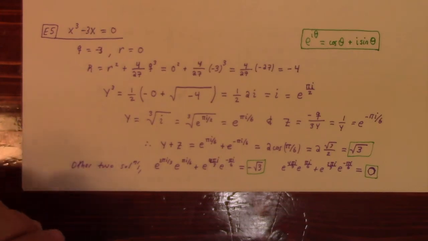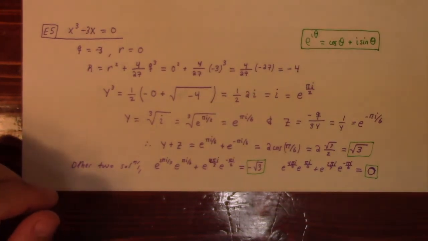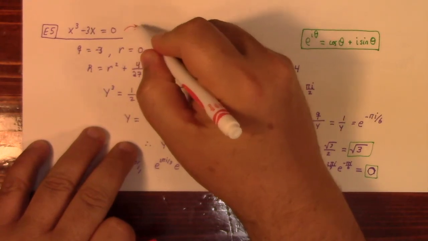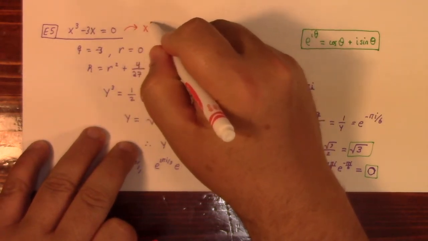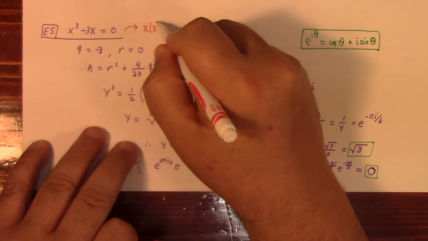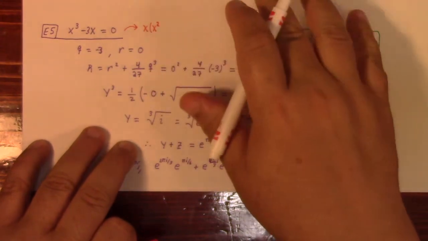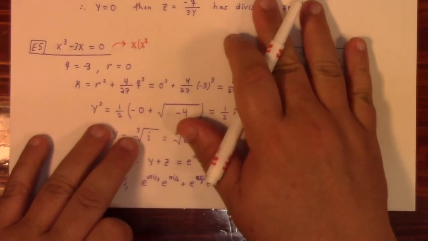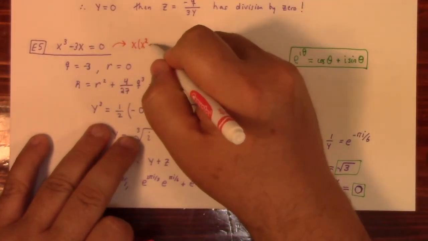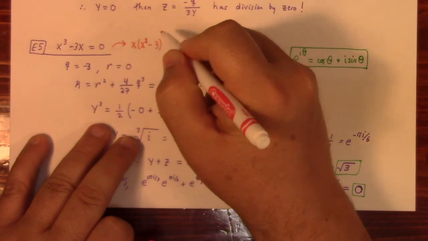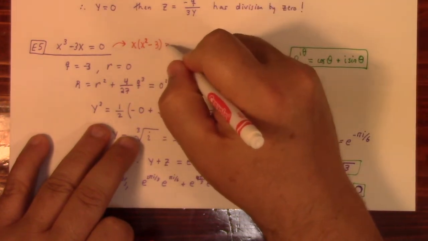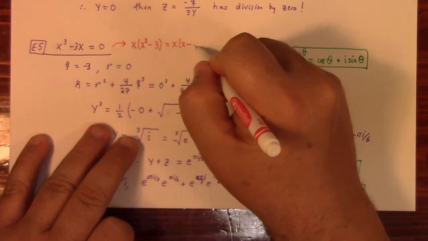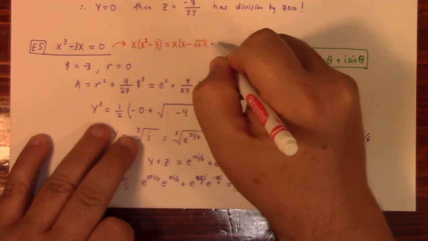Because I think we all can agree that this we could do directly as x times x squared minus 3, which of course we could factor, times x minus root 3 times x plus root 3.